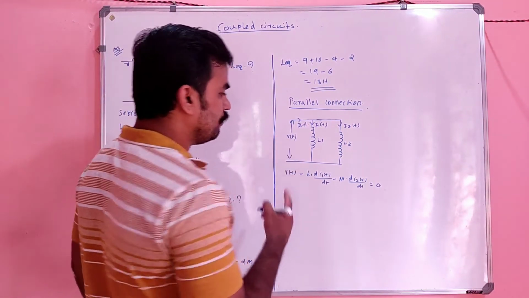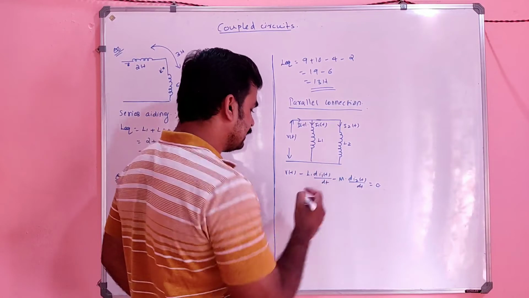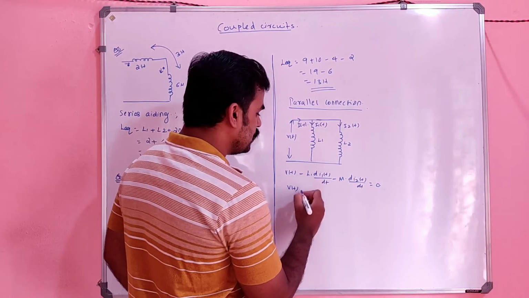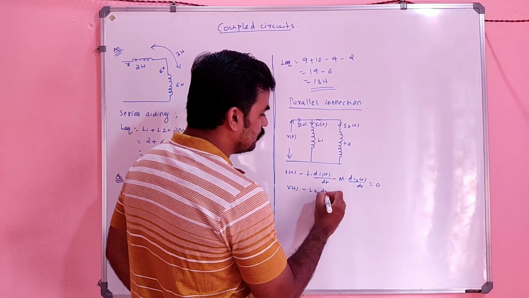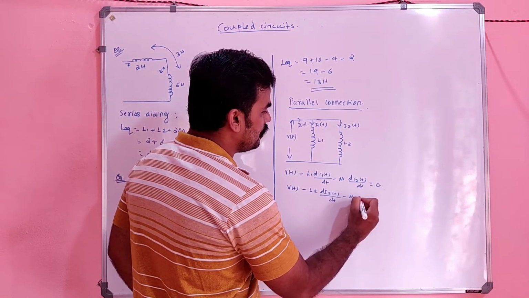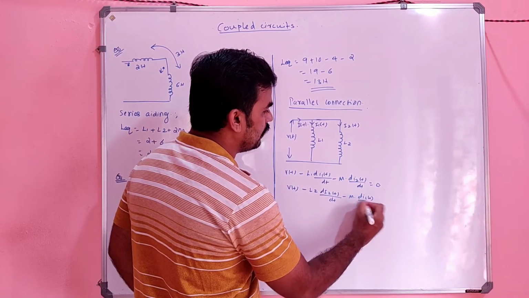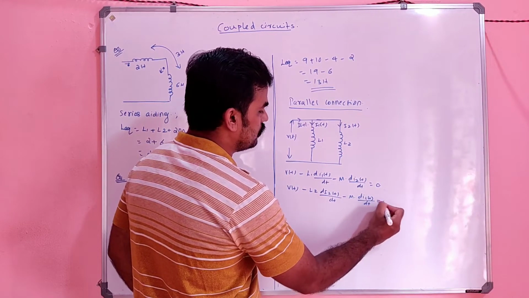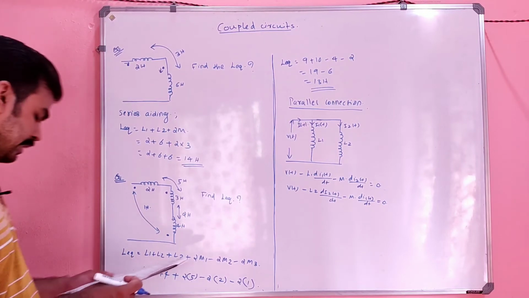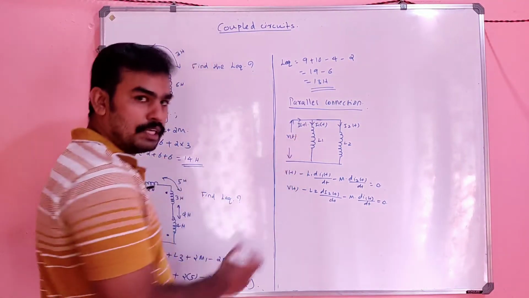This is one equation regarding V of t, and in the other loop there is one more equation regarding V of t: V of t minus L2 into di2 of t divided by dt minus M into di1 of t divided by dt equal to 0. So there are two equations regarding V of t in this circuit.